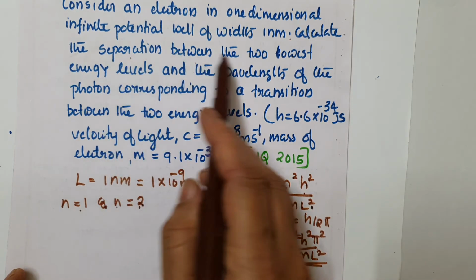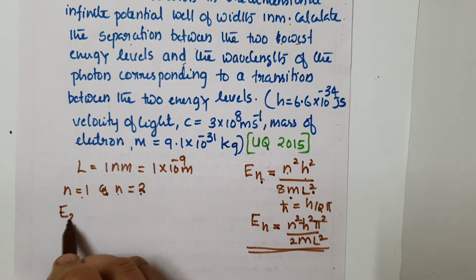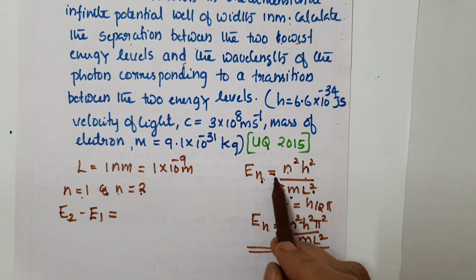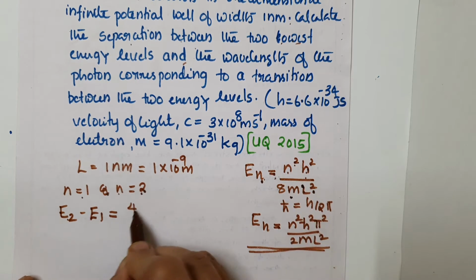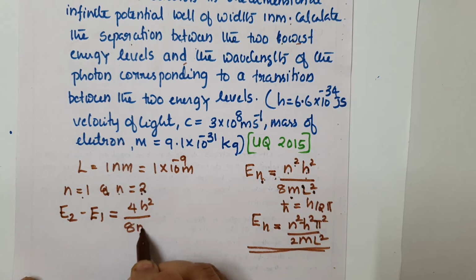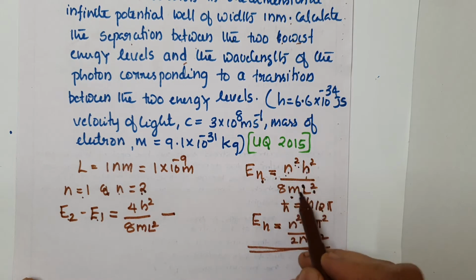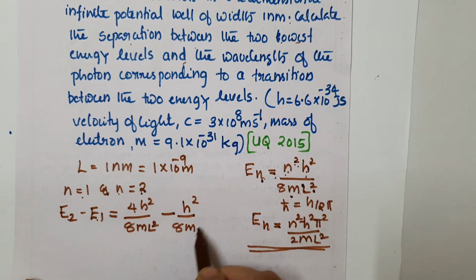Then the separation between the two lowest energy levels is E2 minus E1. E2 is 4 h square by 8mL square, minus E1, which is h square by 8mL square.